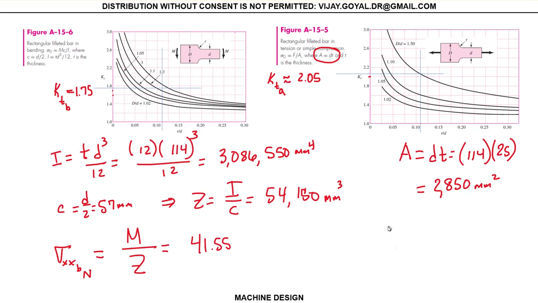So your nominal axial stress will be your load P divided by area, and if you evaluate that, that gives you 5.02. I'm sorry, this is all megapascals.